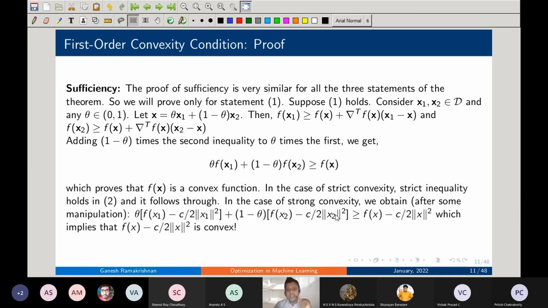Now, in the case of strong convexity, we need to do a little bit more manipulation. All we have to do is show theta f of x1 minus c by 2 norm x1 squared plus 1 minus theta f of x2 minus c by 2 norm x2 squared is greater than or equal to f of x minus c by 2 norm x squared. This part I'm going to leave you as homework. I don't think I'll spend the time doing it unless you have a question.